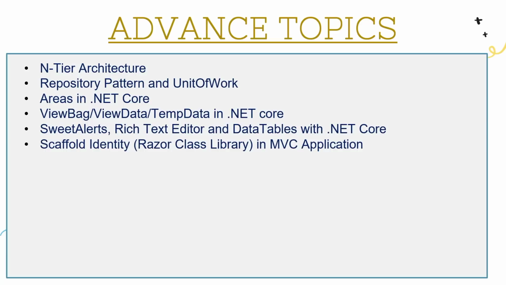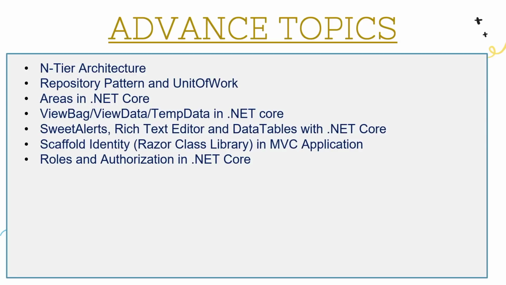That makes all of the authentication super simple because the basic functionality and table structure is already implemented for us. So we will see how to scaffold that Identity in an MVC application. Next, with authorization, we will see how roles play an important role and how we can modify our application based on the role of the user that is logged in.